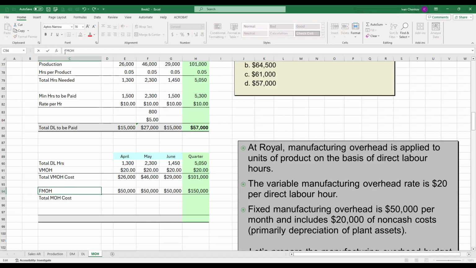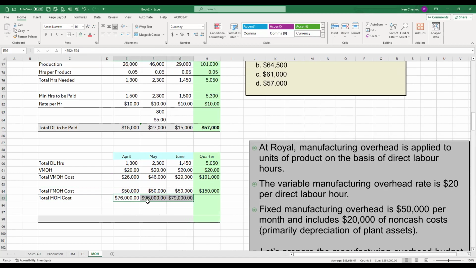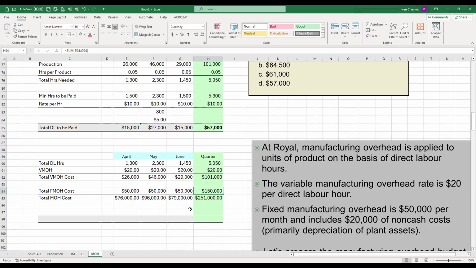Let's label it here, total. $76,000 here. Let's extend those cells so you can see it. And the total cost will be equal to $251,000.